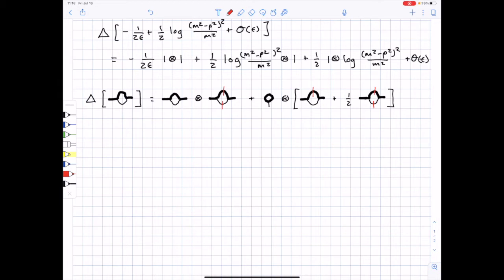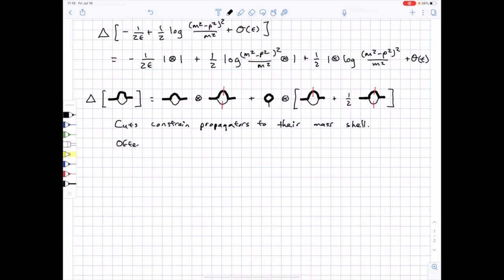This cut line on a propagator means that when you're applying the Feynman rules, there's a special rule that we apply to these lines, which is that the propagators are constrained to be on shell, on their mass shell. So cuts constrain propagators to their mass shell.